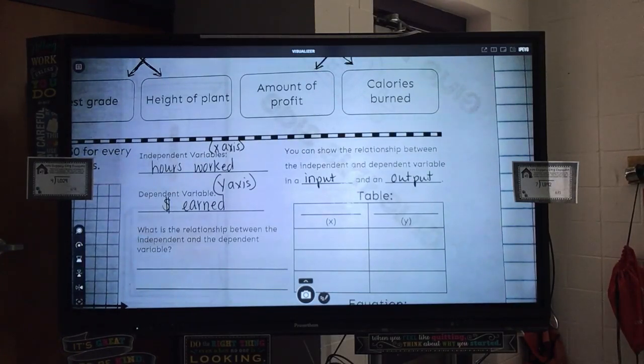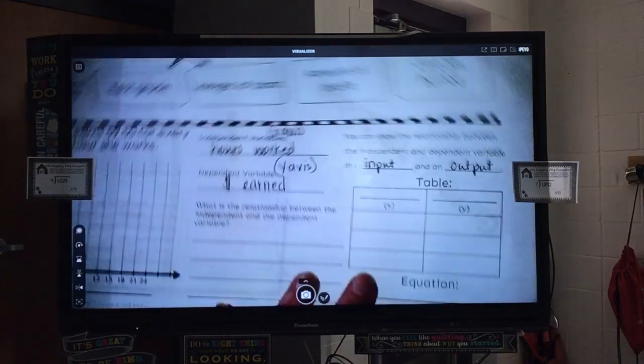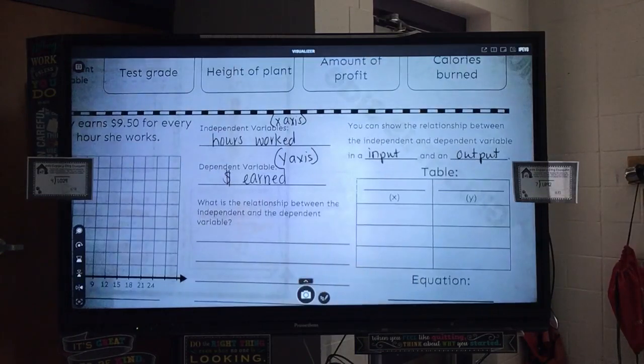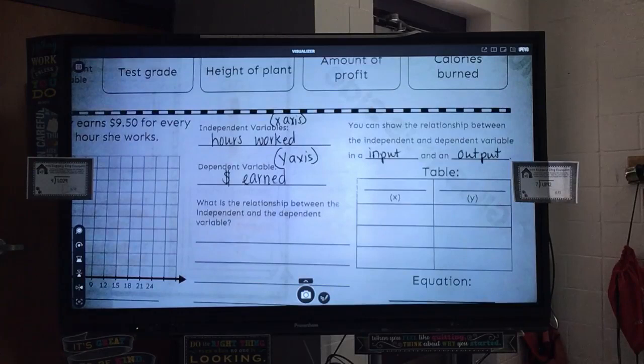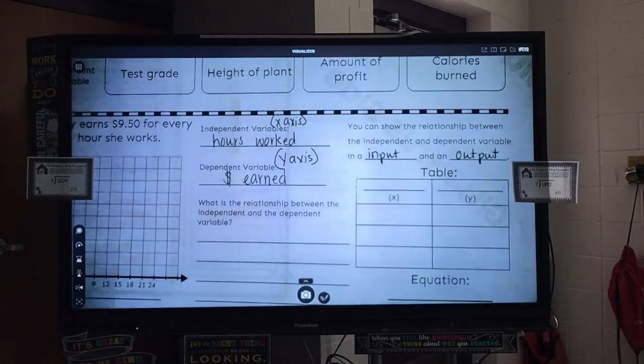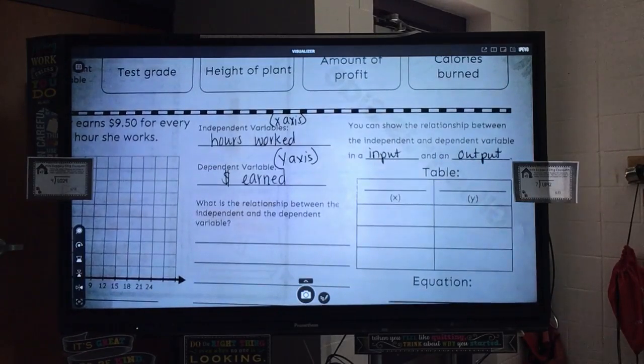Guys, be quiet. Alright. So let's go ahead and answer the question in the middle. It says, what is the relationship between the independent and the dependent variable? So what is our relationship here with the number of hours she worked and the amount of money that she earns? Cooper, what do you think?